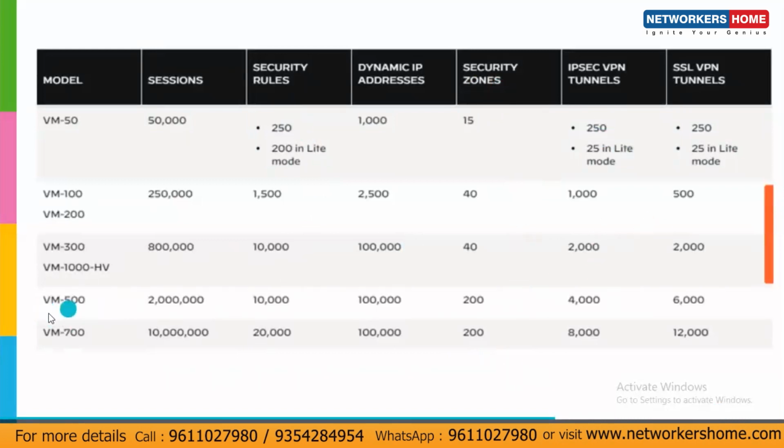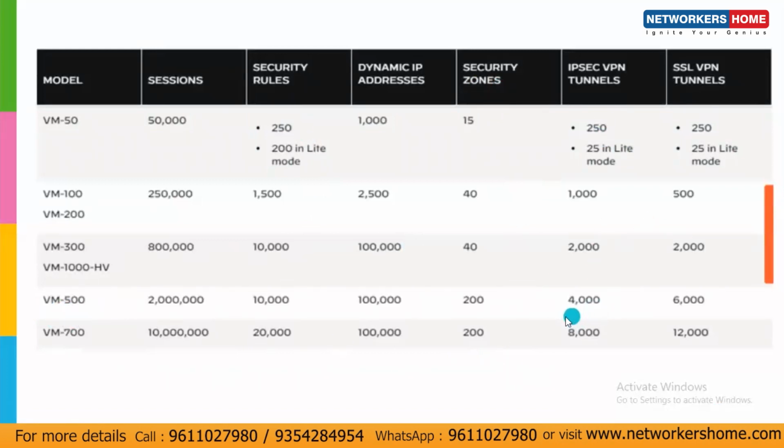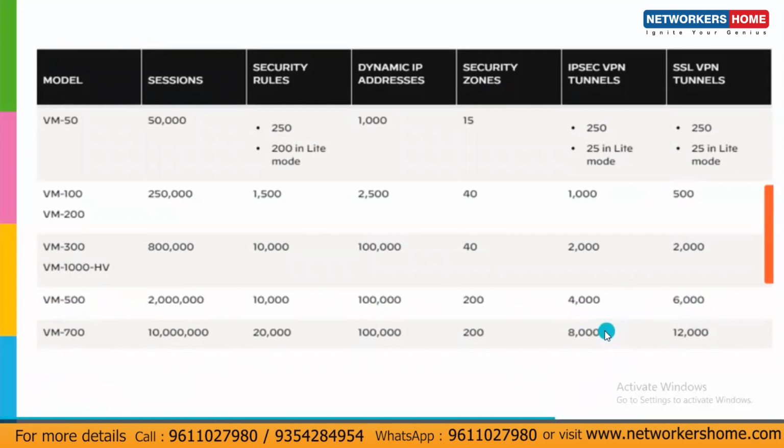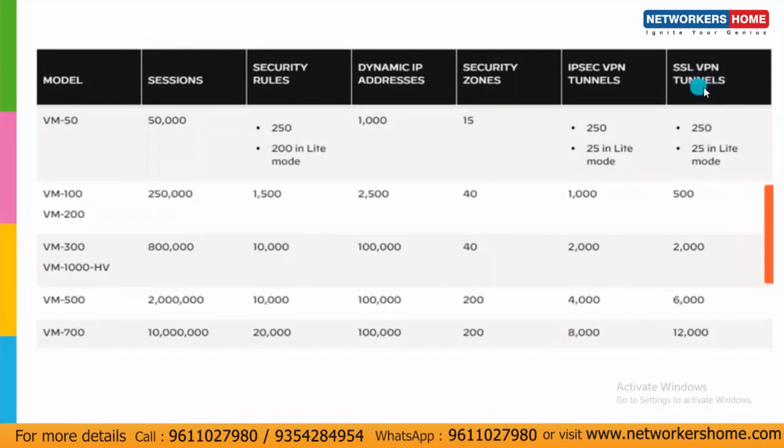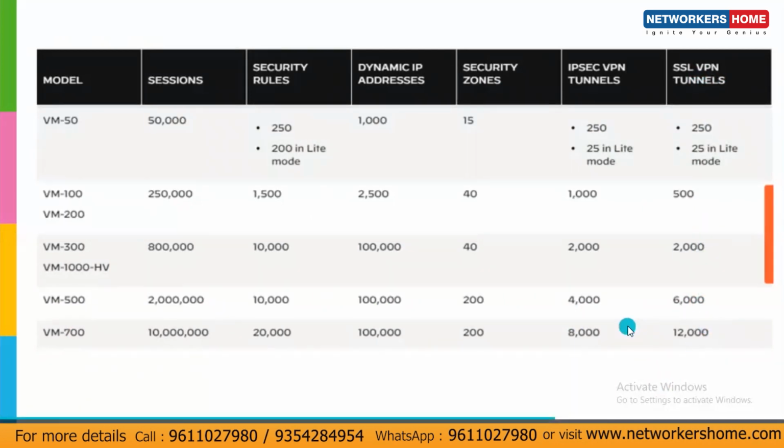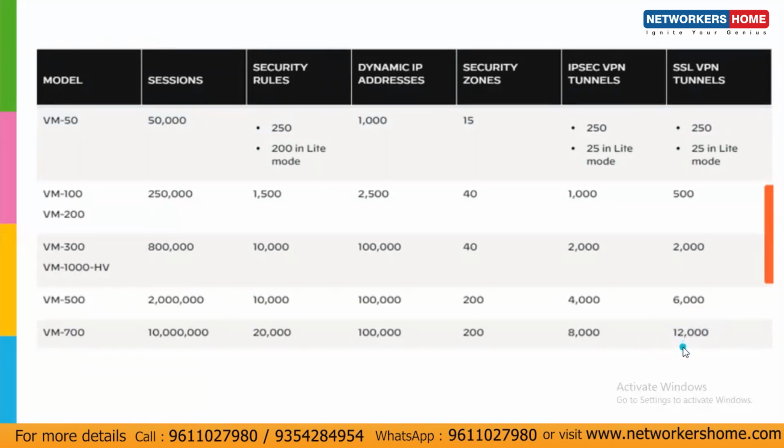Then in the VM500 series, 4,000 IPsec tunnels and 6,000 SSL tunnels. But in the 700 series, IPsec tunnels are almost 8,000, and SSL VPN tunnels are almost double of VM500, so it's almost 12,000.